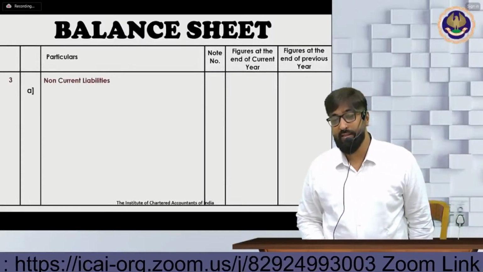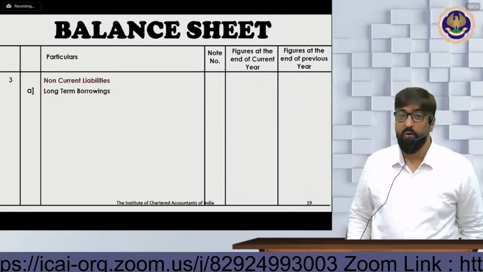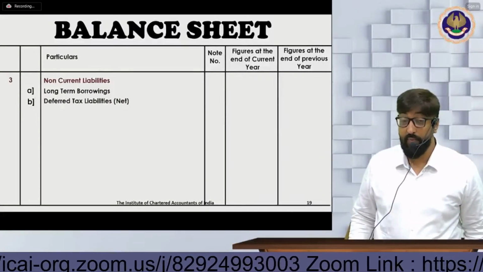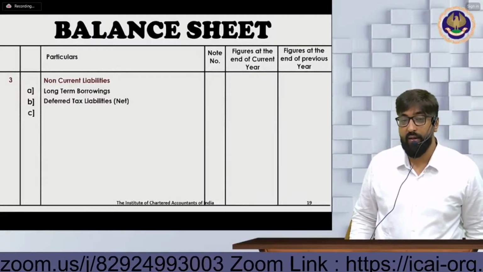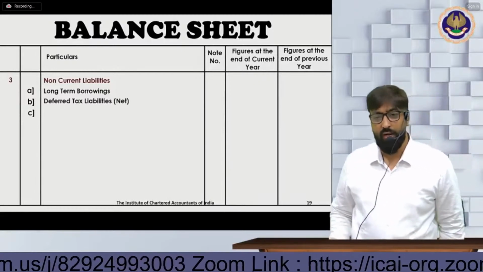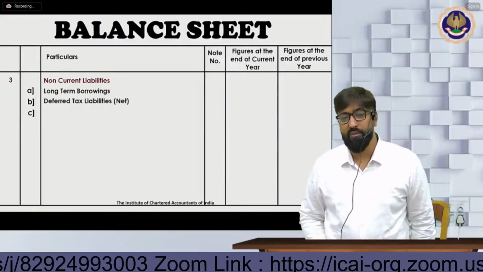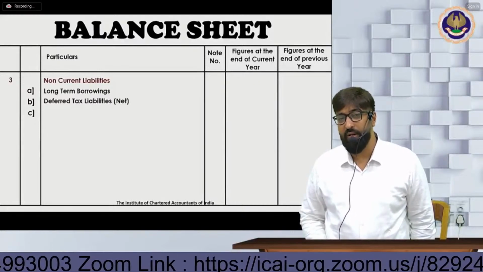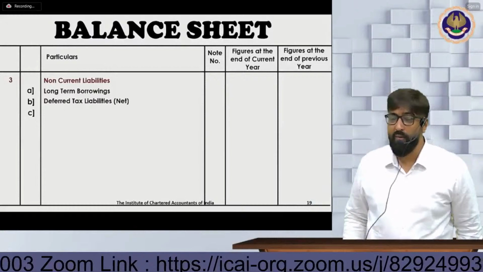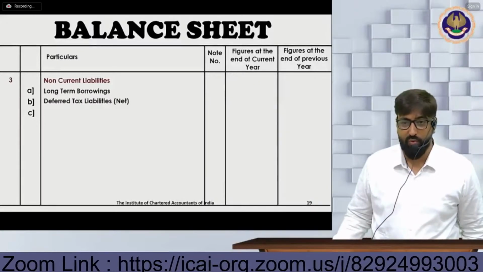Non-current liabilities are there. Long-term borrowings, then deferred tax liability. Now, what is deferred tax liability? You already calculated that in deferred tax calculations. So can you tell me which difference must be greater, accounting difference or taxation difference, when you will create the deferred tax liability? Just want to check your knowledge.